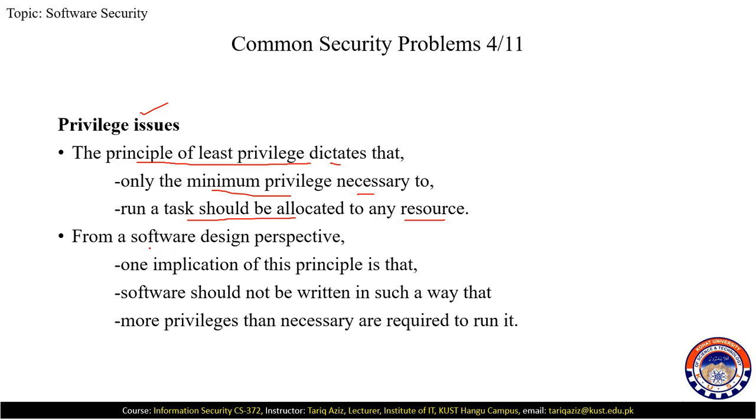Why? Because if you do not enforce the principle of least privilege, then from a software design perspective, one implication of this principle is that software should not be written in such a way that more privileges than necessary are required to run it.